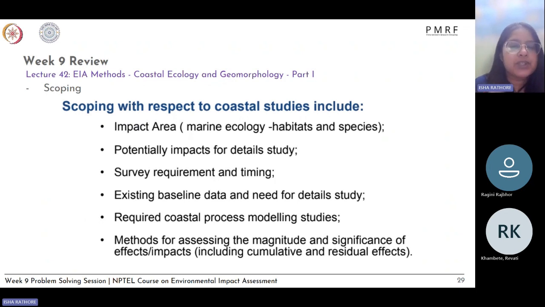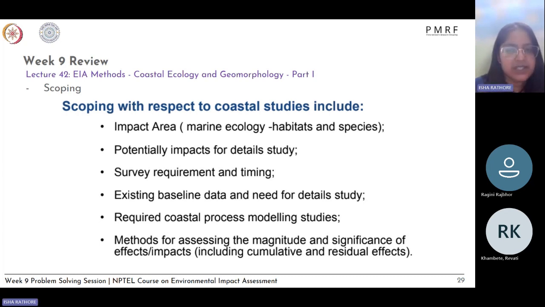Then for scoping, you include how much of the area is being impacted. So you look at it from a marine ecology perspective. You look at the different habitats which are there, all of these different zones which we saw, what species are getting affected, how much, which zone is your development project affecting, what is the potential impact for detailed studies.